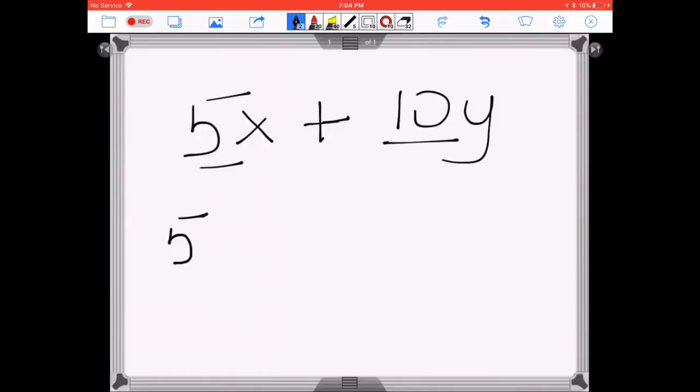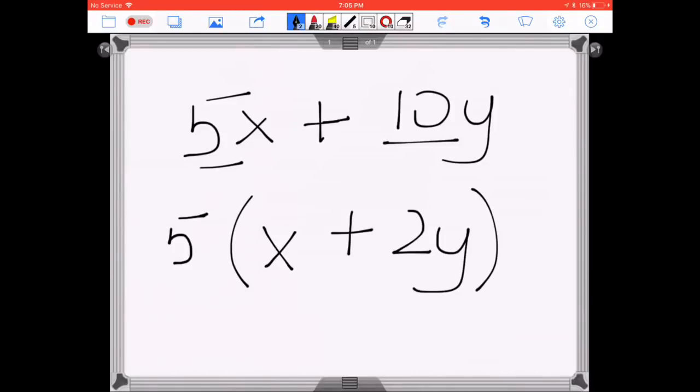So if I think about dividing a 5 out of each of those terms, what would be left behind in this 5x? If we divided out that 5, all that would be left would be an x. And over in the 10y, if we divided out a 5, all that would be left would be 2y.